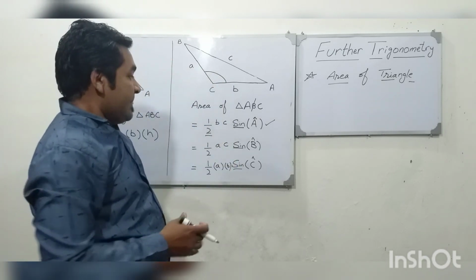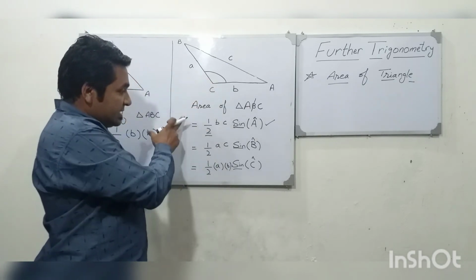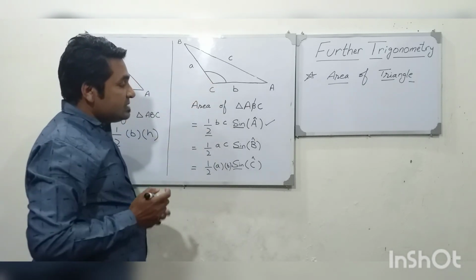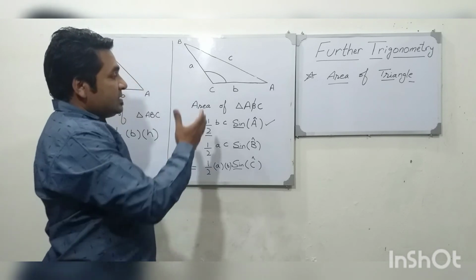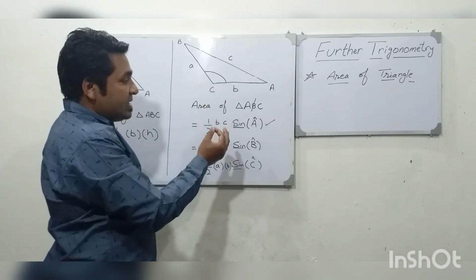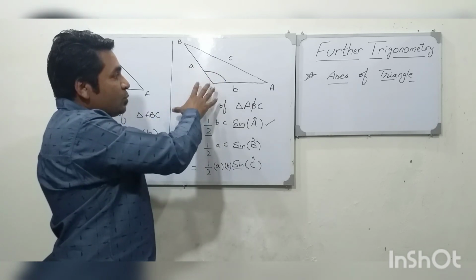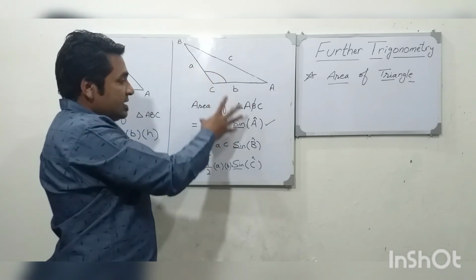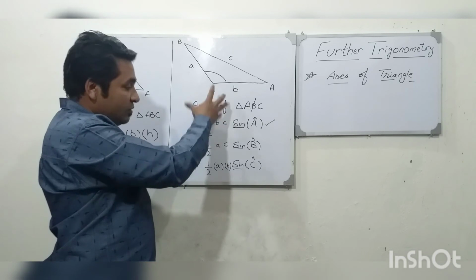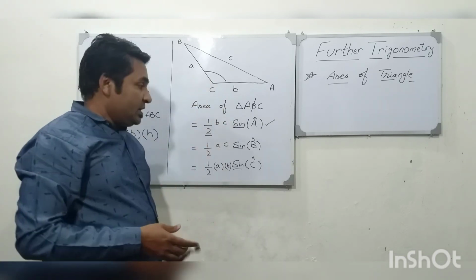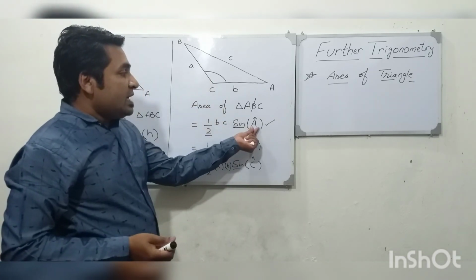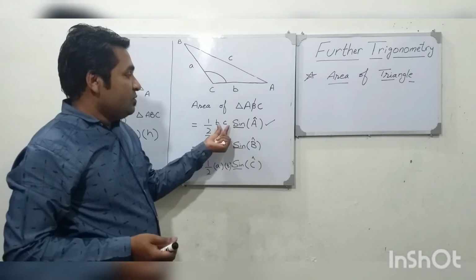So this is okay. Now you can see that I have used the equal signs, and these signs actually show that it just depends upon where the angle is given. By using that vertex and adjacent sides, you will get the same value of area. Angle is given at A, you will use bc.